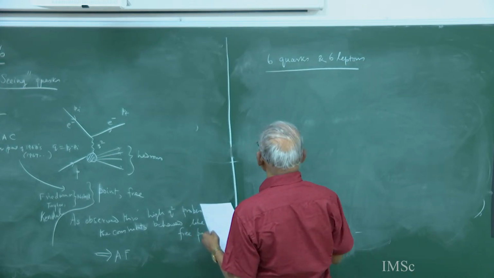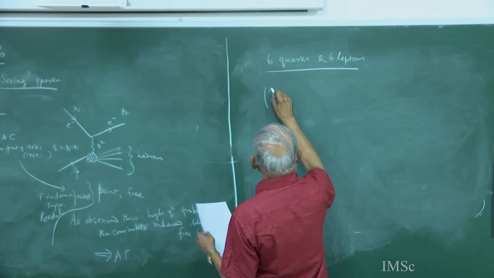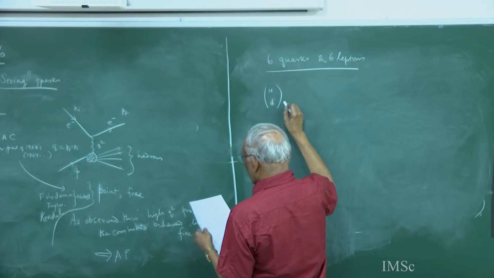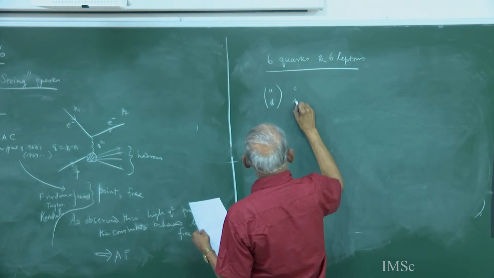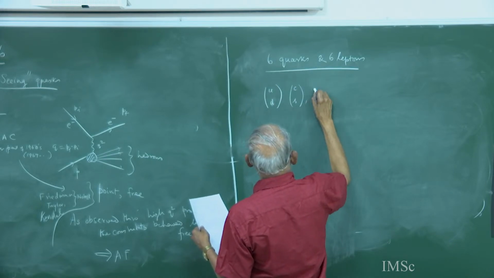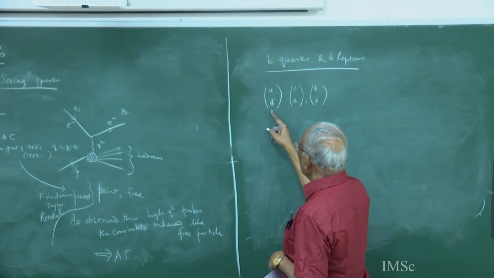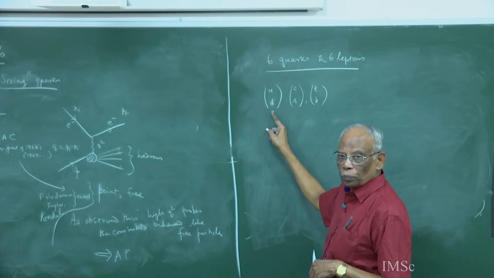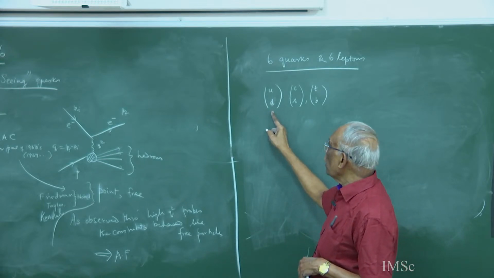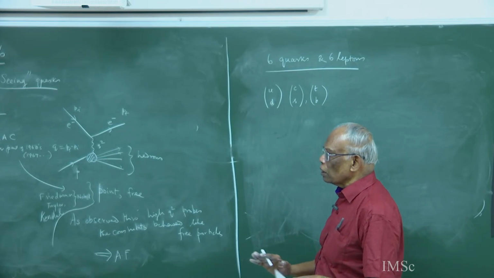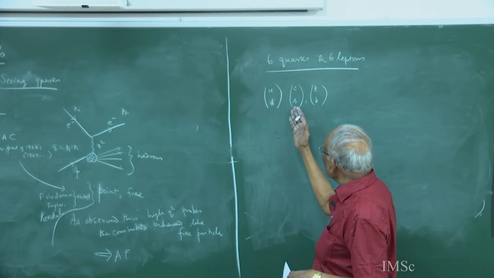We write them as doublets because they are isospin doublets, u d, similarly c s, and similarly t and b, top and bottom. This is our original SU(2), and we combined this to have SU(3), but now I am shifting a little bit. I am writing these also as doublets.